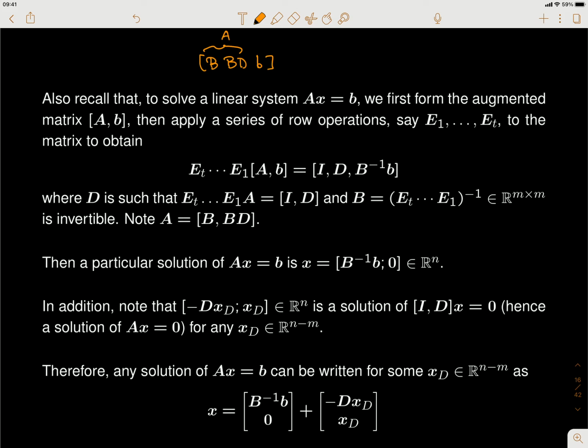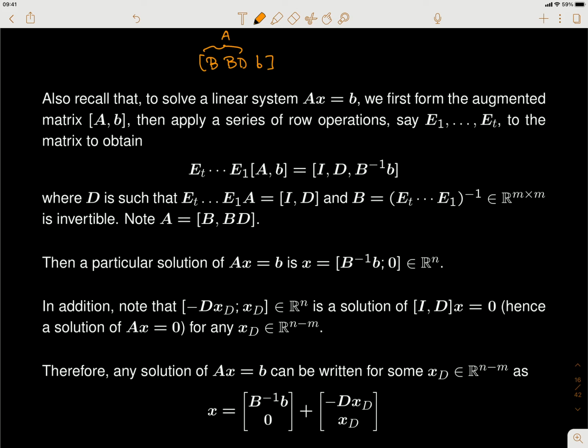The rank of this matrix A must be equal to the number of rows, so it must have m linearly independent columns. So we can switch the columns as we want. Just without loss of generality, we assume the first m columns are linearly independent, and these columns together are called the B matrix, and they're linearly independent means that B is invertible.